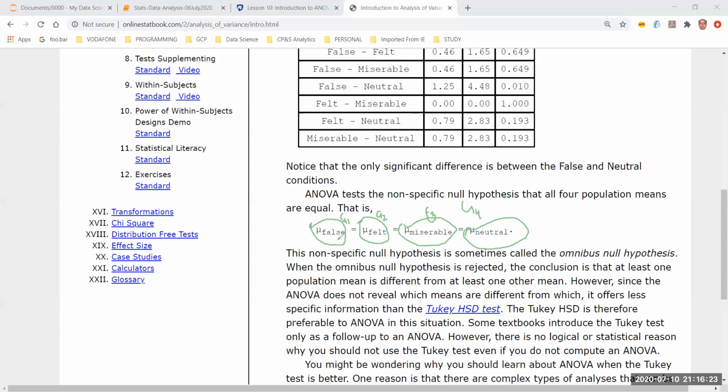I am going to take two kinds of variances, or two ways in which I'm going to calculate the degrees of freedom as well. So I need to calculate the variances and the degrees of freedom.